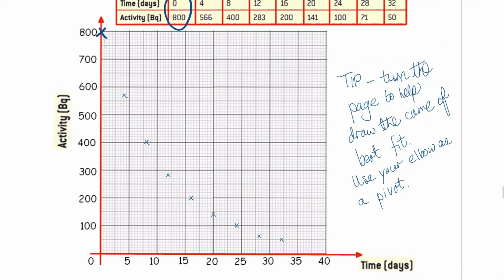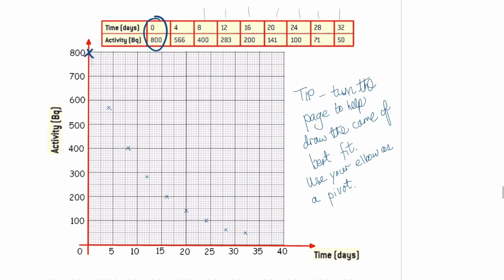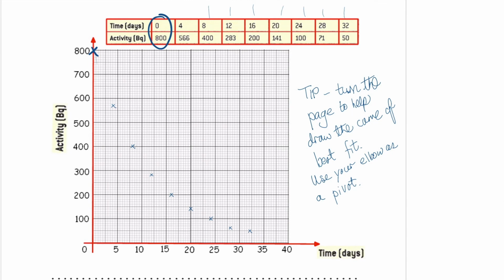And when you come to draw this curve of best fit, I've written a tip on the right hand side: turn the page to help draw the curve of best fit. Use your elbow as a pivot. It's difficult to show that on the video, but if I'm drawing this curve naturally, because my elbow's at the bottom of the screen, my natural pivot from my elbow is this way.